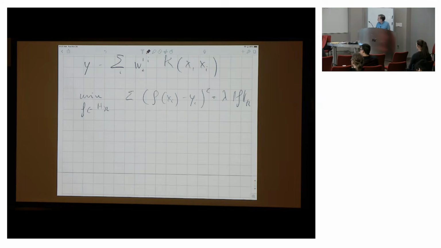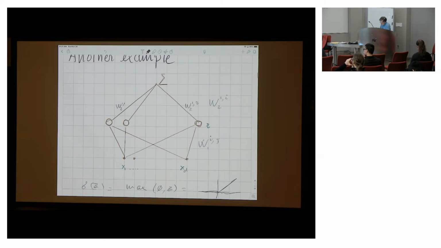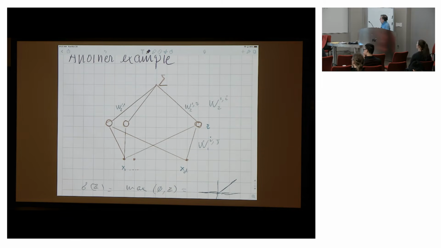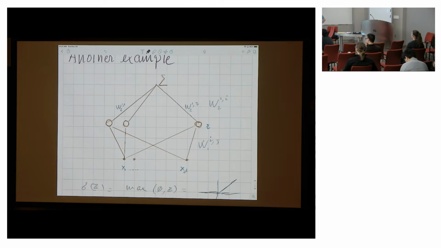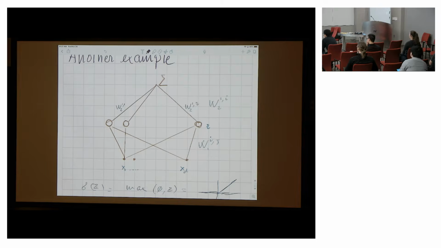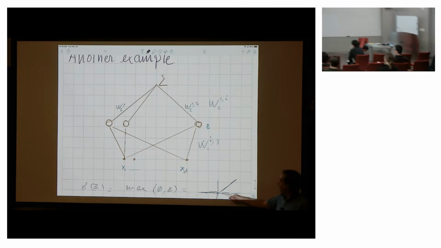It comes, of course, from a regularization problem of this type. And another example is, say, a ReLU network, in which you have an activation function like this.